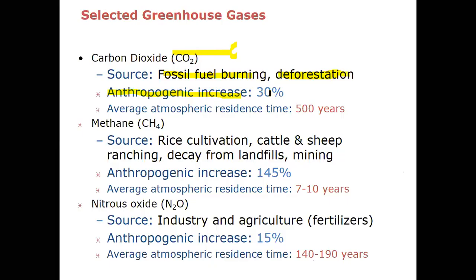As you know, all the humans, animals, and plants release CO2 during the respiration process. So due to man-made activities, due to the industries, the CO2 level is increased by 30%. Then average atmospheric residence time is 500 years. So what is it? Atmospheric residence time. What is it?